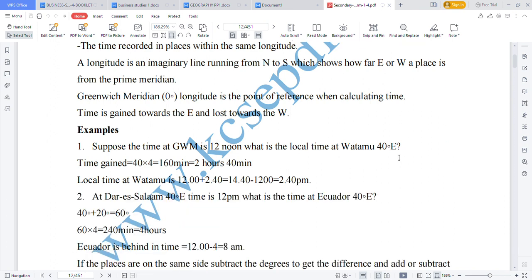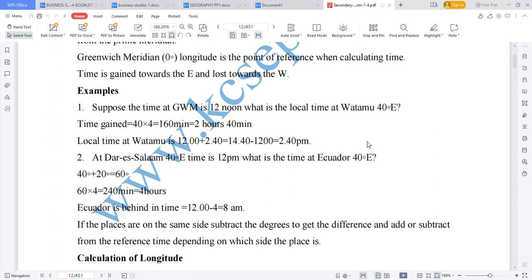So here you have 40 degrees. If 1 degree is equal to 4 minutes, 40 degrees is 40 times 4, which is 160 minutes. Converting 160 minutes into hours, you have 2 hours 40 minutes.